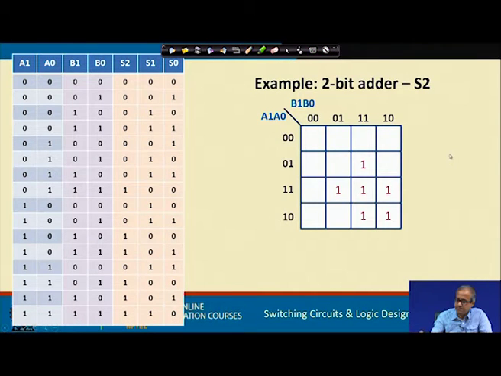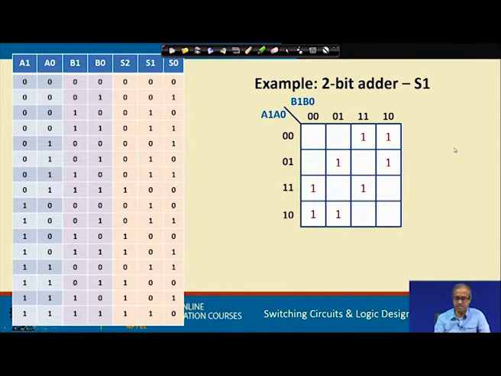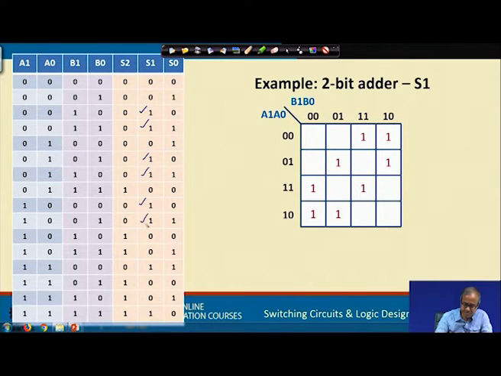Let us now see what will be S1. Similar is the case for S1. If you look at S1, there are 1, 2, 3, 4, 5, 6, 7, 8 ones, and if you check, the 8 ones are distributed like this.